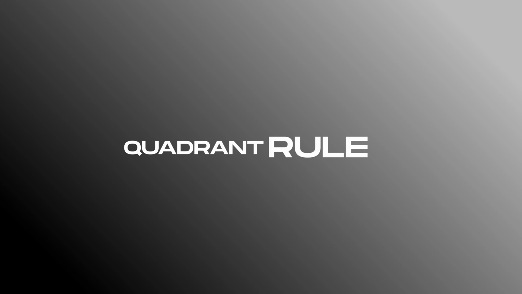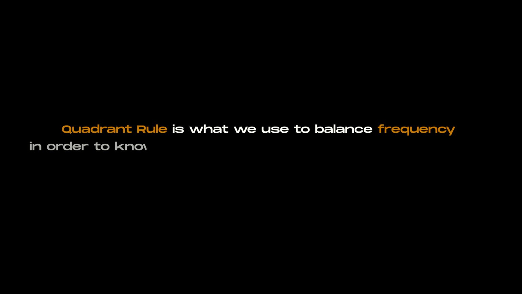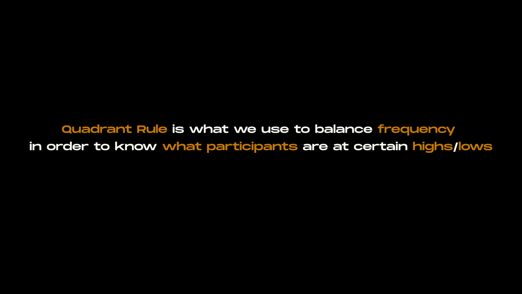Now, the next thing we have to talk about, like I said in the last video, is quadrant rule. The effect of quadrant rule, after we have used our opposition rule to niche down the time frames we are interested in, is this: when 2 time frames are conclusively saying different things based on frequency, quadrant rule is what we use to balance frequency in order to know which of those time frames is the swing die, do we register buyers, and after the flip do we register sellers, or whatever.